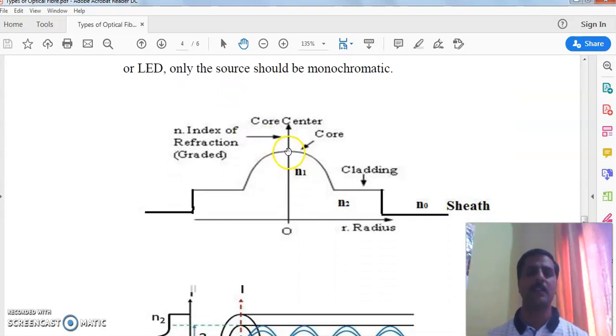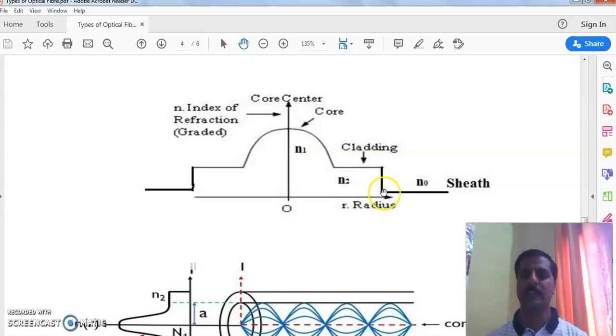The refractive index of the core is maximum at the axis; this arrow shows the axis. So the refractive index N1 has its maximum value at the center, and when we go toward the interface, toward the cladding, its value continuously decreases. When we reach the boundary, the value again becomes uniform, and within the clad it remains uniform, and after that there is a step variation, and then in the sheath again.